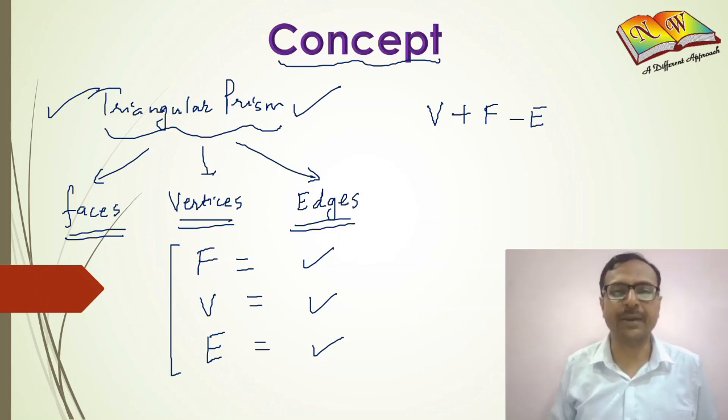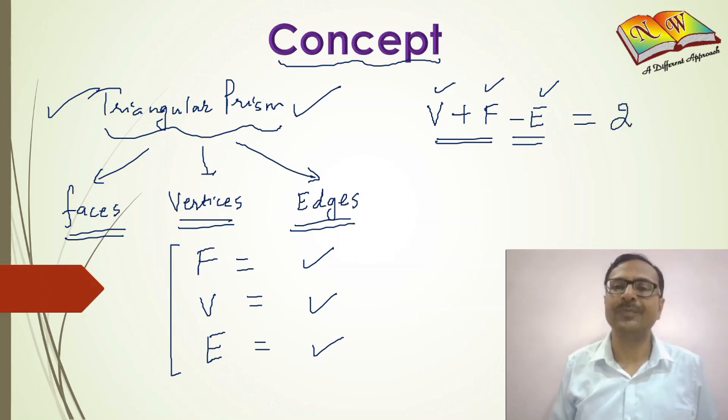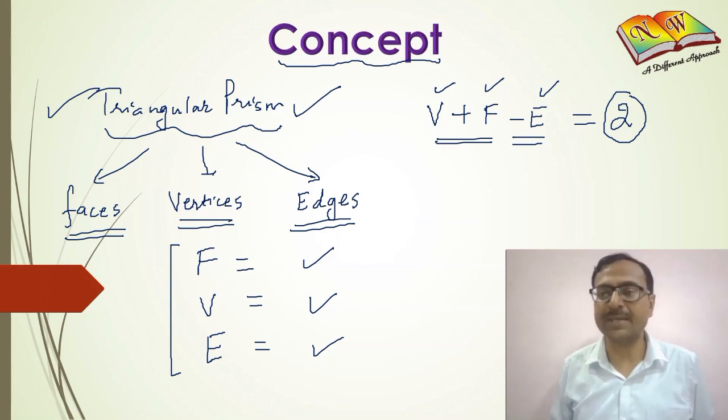Whichever solid you take, find V, find F and find E, add V and F and subtract E from that, the answer will always be 2. This is a property of polyhedrons which is known as Euler's formula. And that's what we are going to verify for 3D solids in this activity.